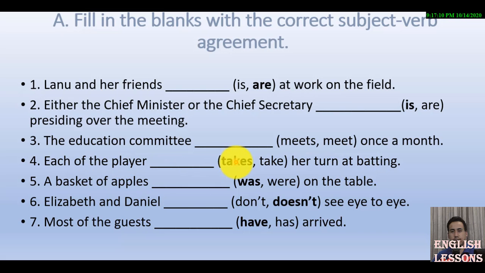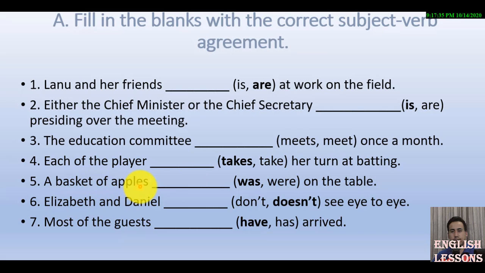Remember, takes is singular, take is plural. In a noun we mostly add s to make it plural, but in a verb we add s to make it singular, and we avoid using s to make it plural.